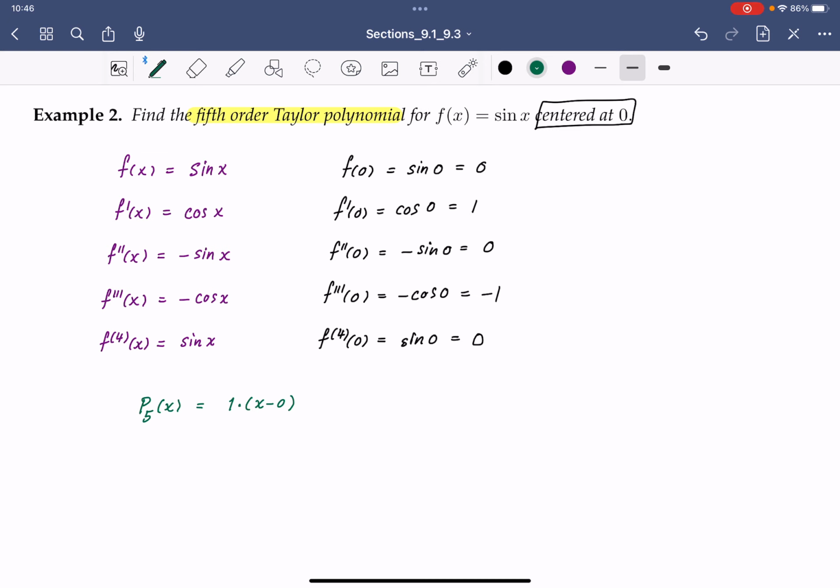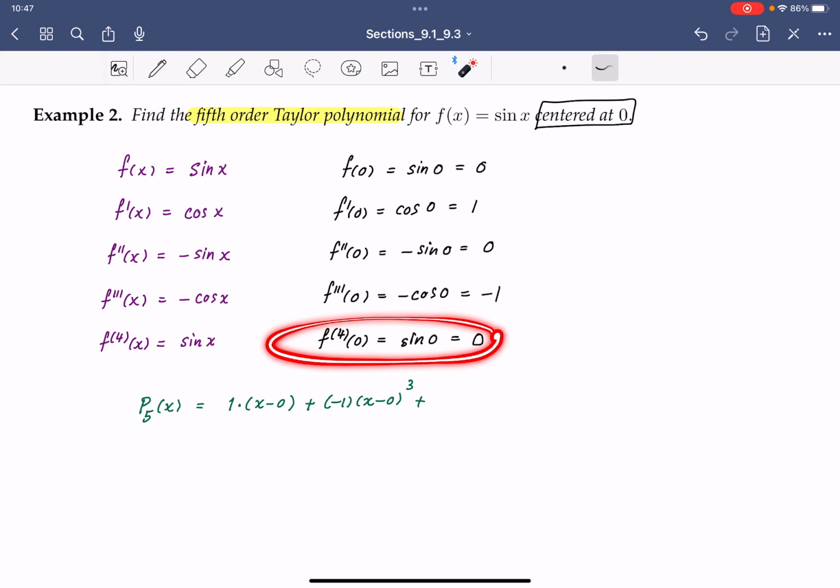This is the term related to the first degree, the power 1. And then the next term is 0, so it disappears. And then the next term is minus 1 times (x minus 0) cubed. And then the next term is 0, right?